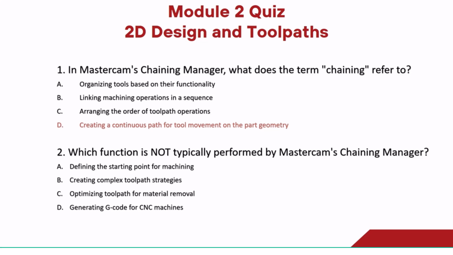Now let's move towards another question. Which function is not typically performed by MasterCAM's chaining manager? Option A, defining the starting point for machining. Option B, creating complex toolpath strategies. Option C, optimizing toolpath for material removal. Option D, generating G code for CNC machines.